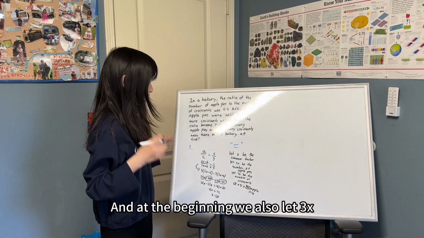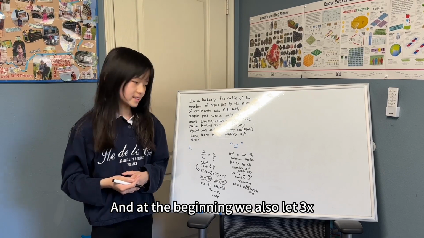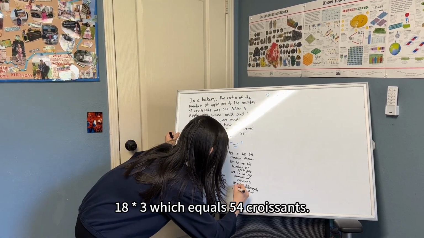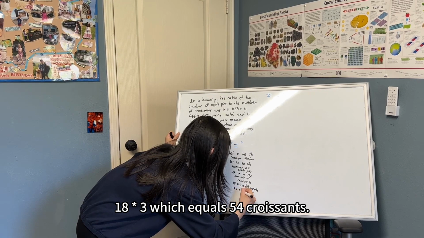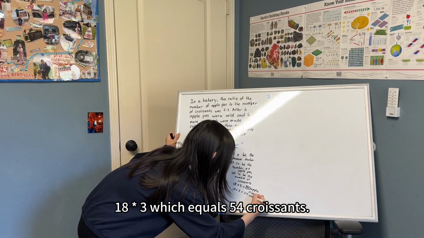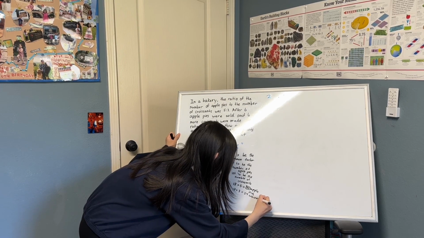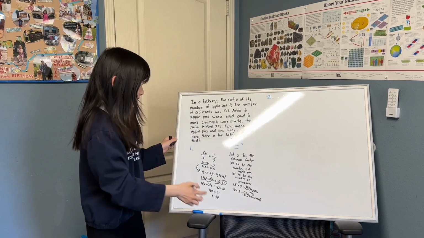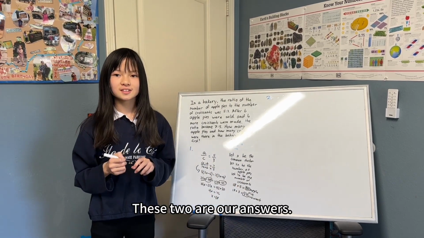And at the beginning, we'll also let 3x be the number of croissants. So we get 18 times 3, which equals 54 croissants. These two are our answers.